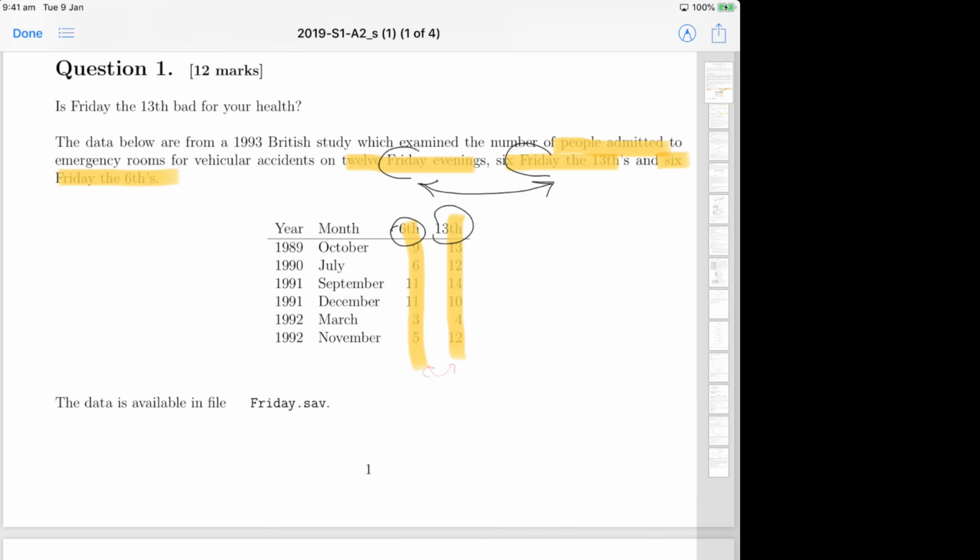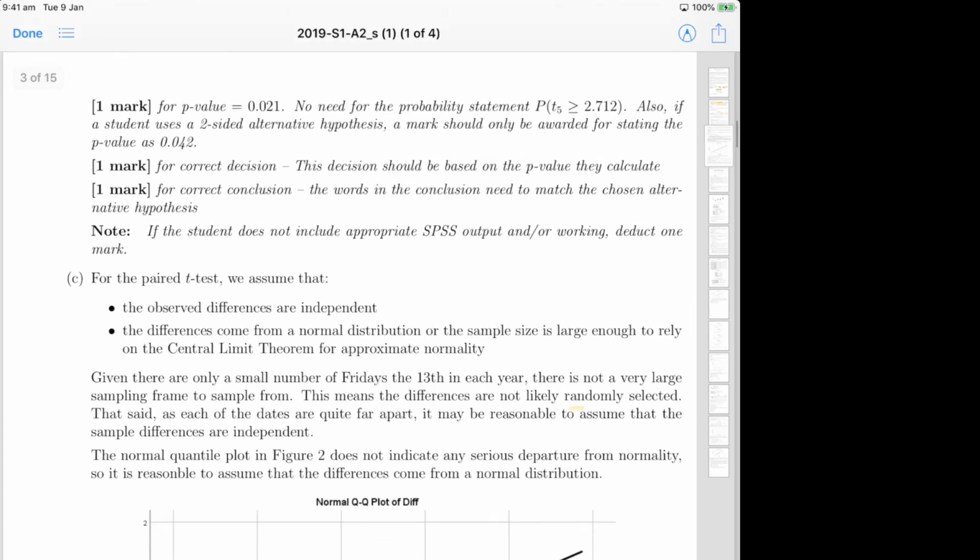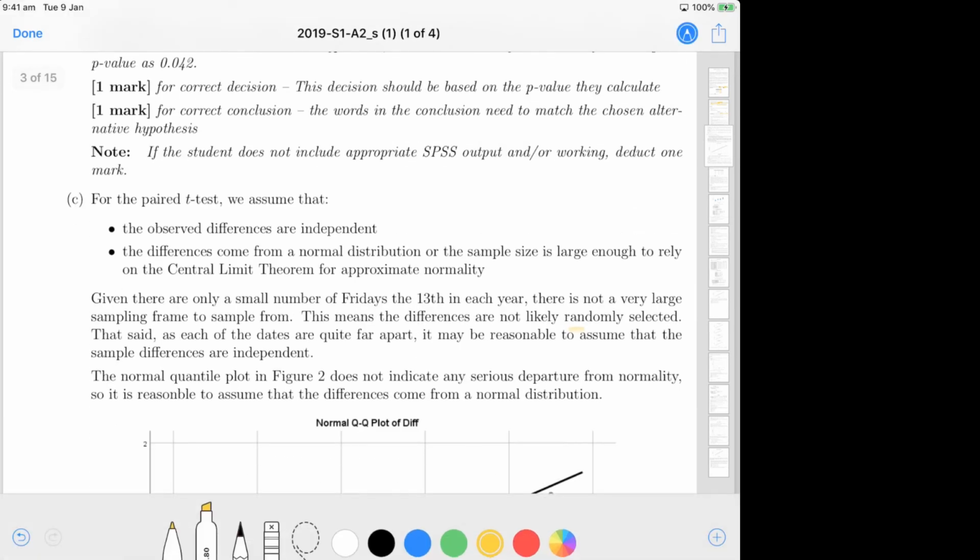This is one way to justify the answer, and we have given you this justification here. We haven't given any information about whether they are randomly selected and independent or not, but it may be reasonable to assume that the sample differences are independent because each of the dates are quite far apart. That's about it for the first assumption.